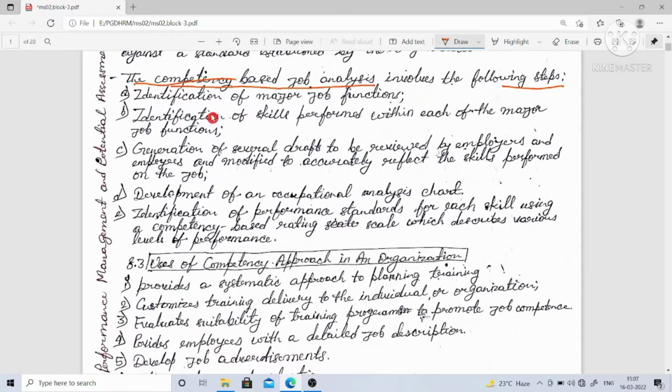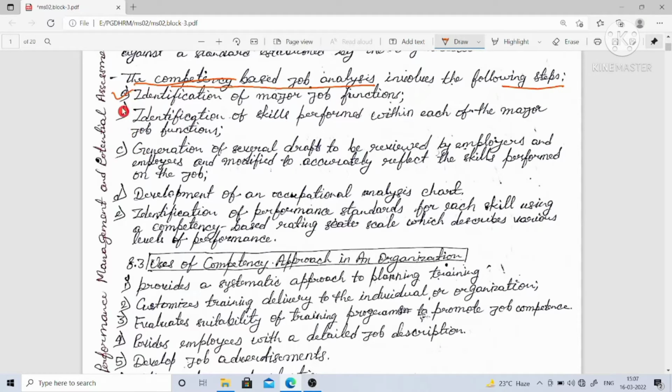So first of all, identify what different kinds of major job functions there are in that particular job. Second, identification of skills performed within each of the major job functions. Means what different kinds of skills are performed in each job function.